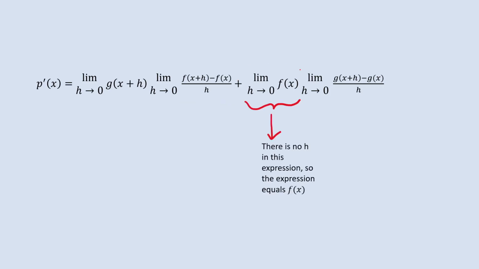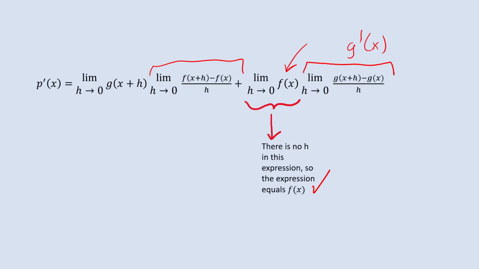The limit as h goes to 0 of f of x, there is no h at all in here. So f of x isn't dependent on h at all. So the limit as h goes to 0 of f of x will simply be f of x. And then finally, this last part, similar to when we looked at it here, that's simply g prime of x.